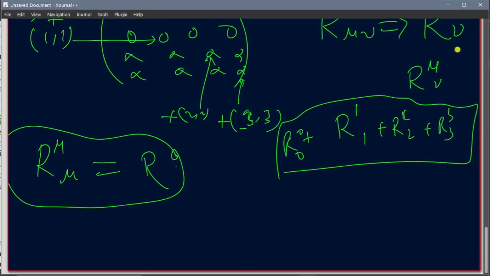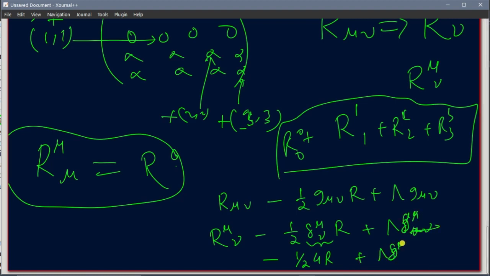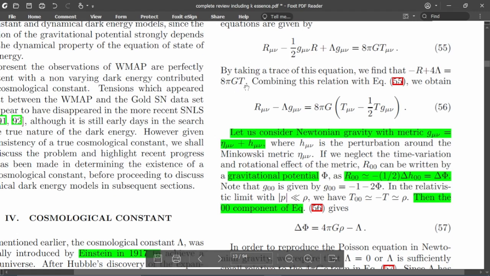So how can we write these things in this form? I can just take one index upper, therefore G mu nu will become the Kronecker delta mu nu R plus lambda G mu nu. Now the Kronecker delta has the property that because it has 4 components, it will become half into 4R plus lambda G, and this will again be the Kronecker delta mu nu. Therefore this will give you R plus the Kronecker delta, and this is 4 delta, equal to 8 pi G T. So that is the origin of this thing.